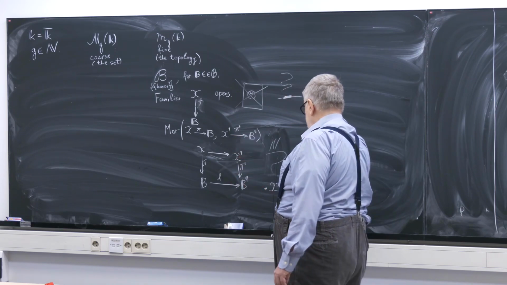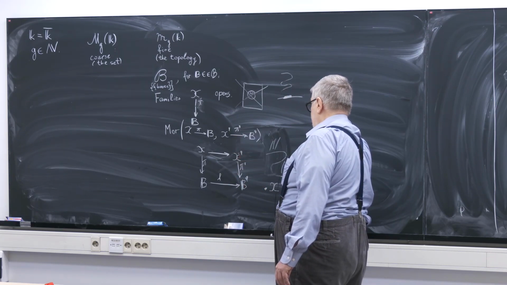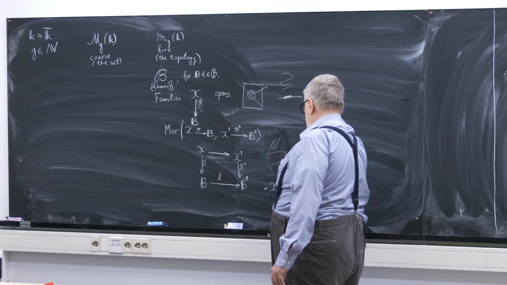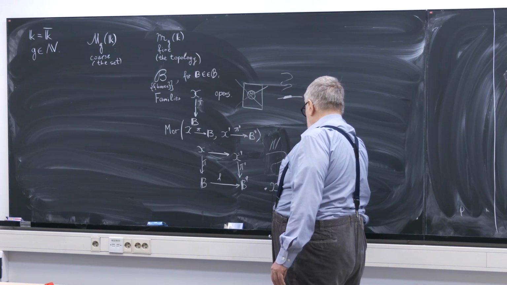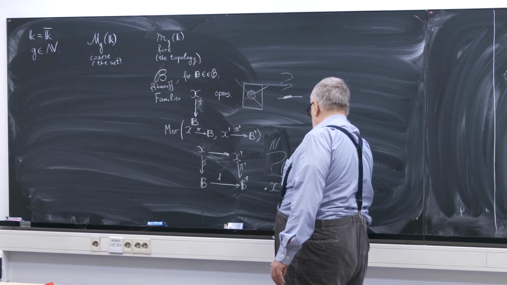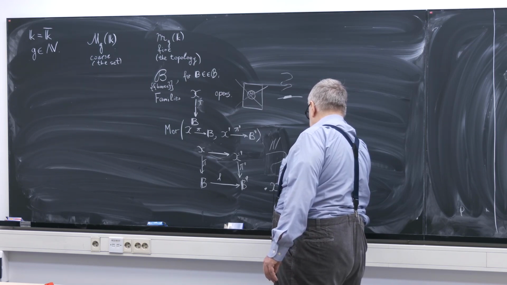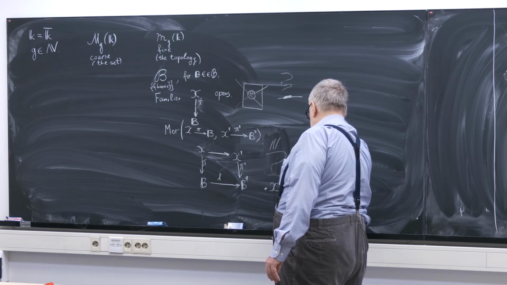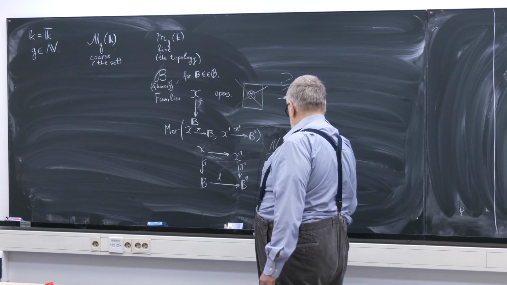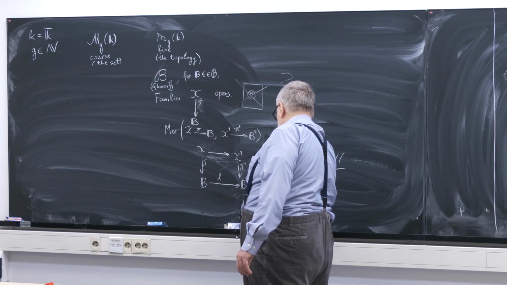So the square should be a square of the base change of B with X prime over B prime, just in the usual way.